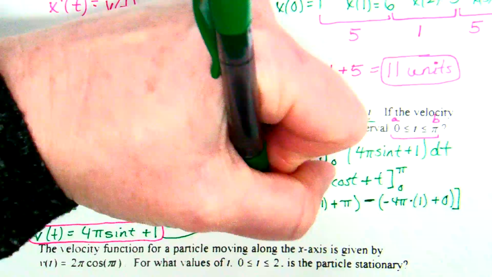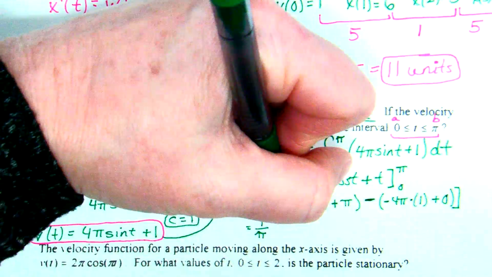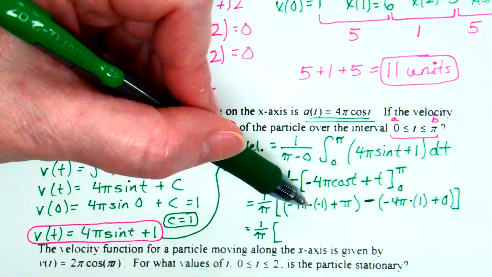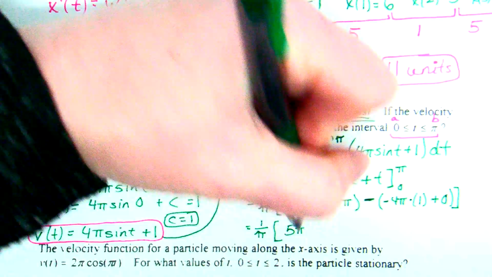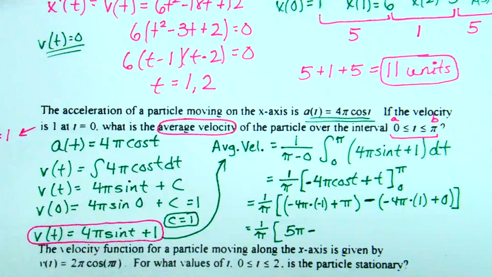The good news is it looks messy, but it's really not. If I just clean up what's here, negative 4 pi times negative 1 is 4 pi, plus this pi makes the first part 5 pi, minus negative 4 pi times 1, which is negative, minus negative 4 pi, so plus 4 pi.